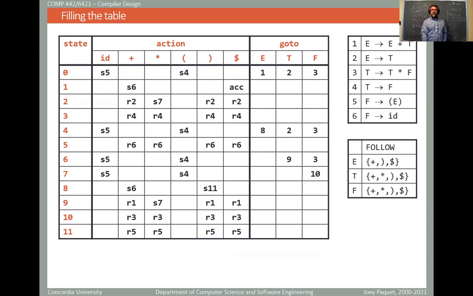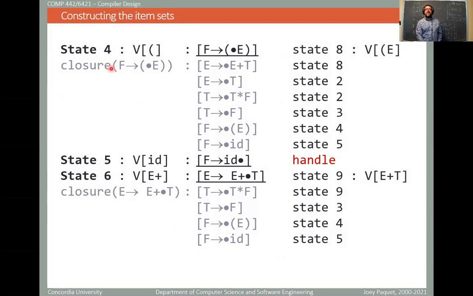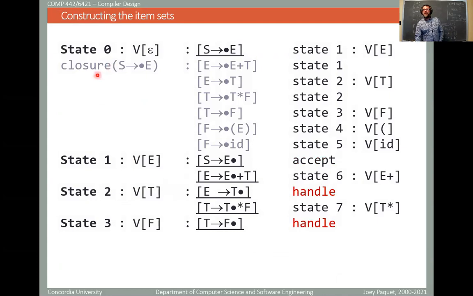Okay, I'm not going to go back and forth like this for all of them. I'm just going to identify them and say them. So here I have plus after the dot. So state 1, plus, shift 6. State 2, times or star, shift 7.